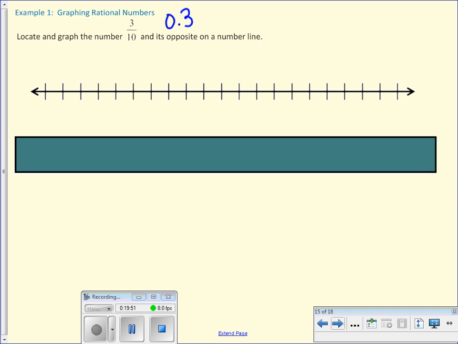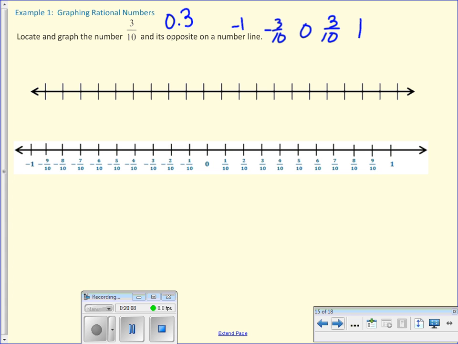So if 3/10 is between 0 and 1 whole, negative 3/10 would be between 0 and negative 1. So you're going to draw your number line from negative 1, 0, 1, and we'll use intervals of 1/10, and then we could plot 3/10 and negative 3/10.